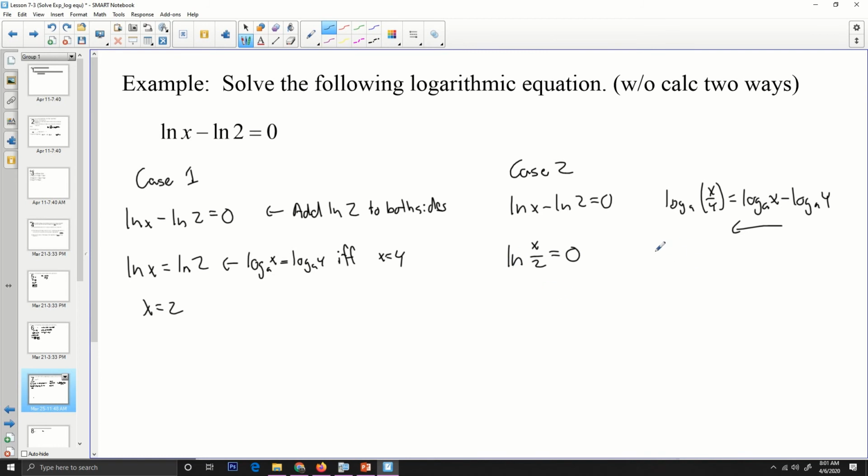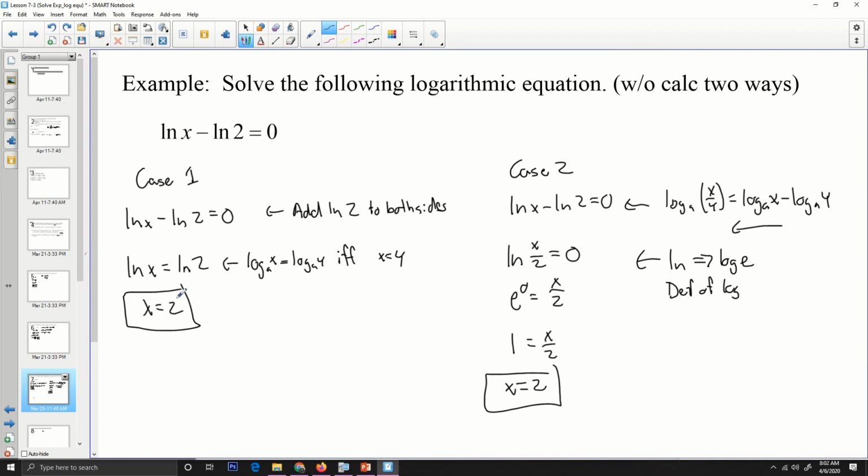And then remember that ln is the same as log base e. So I can use the definition of logarithm and say e to the 0 equals x over 2. And remember, anything to the 0 power that's not 0 is just 1. Then I multiply both sides by 2, and I get x equal to 2. And so in each case, we have x equal to 2.